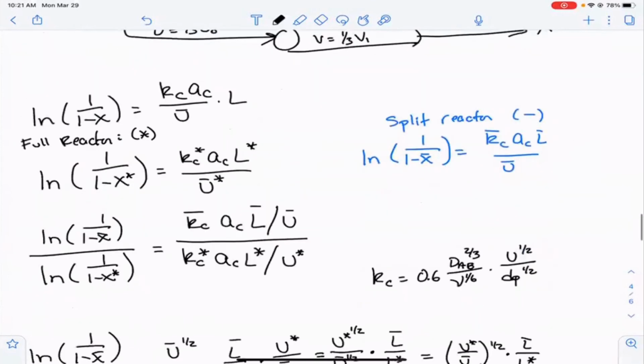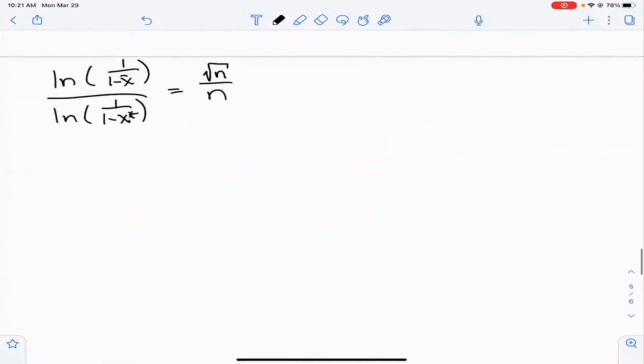And we solved a couple of problems where we broke things up into different stages. As a matter of fact, I remember a PFR lecture saying that it never makes any sense to break up a PFR for the purposes of conversion. Now, there are other reasons you might want to try. So when N is equal to 3, in that example I gave above, let's say I pick a value for X star, say 0.9.